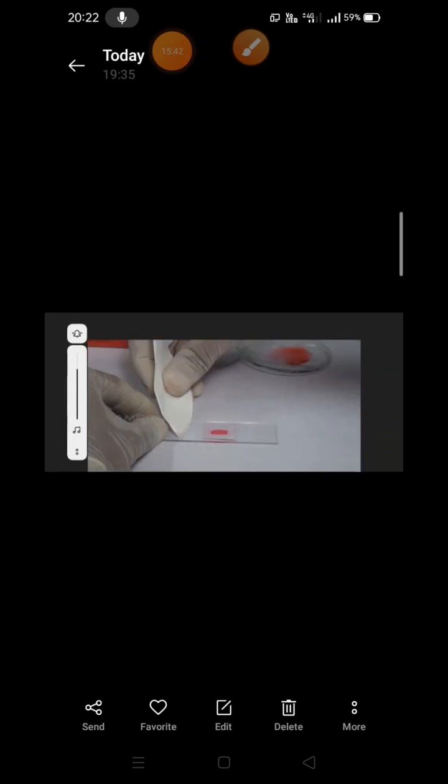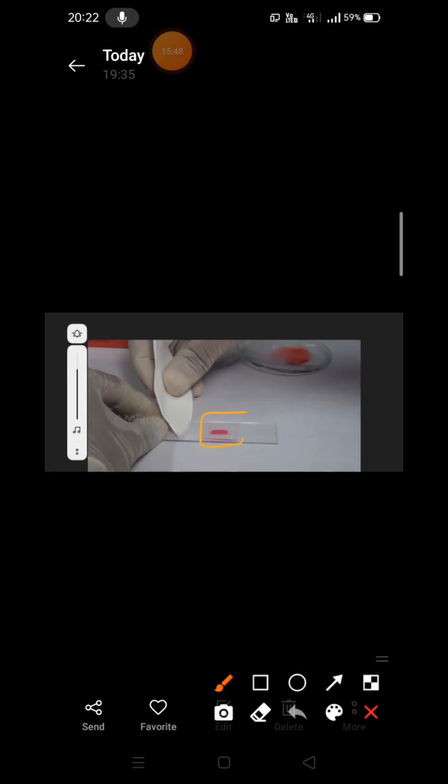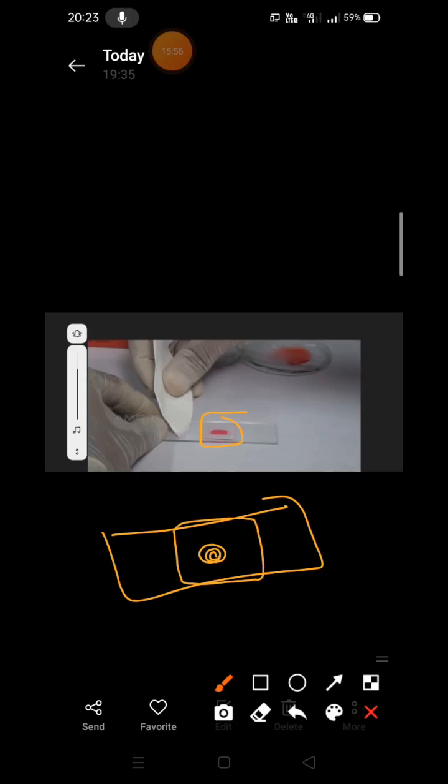And now what we will do, we will keep the cover slip as it is shown here. This is the cover slip which is kept. This is a slide. Then the onion peel membrane which is colored is taken. It is covered with the cover slip. And now whatever extra water has come out from this cover slip is wiped off with the blotting paper.